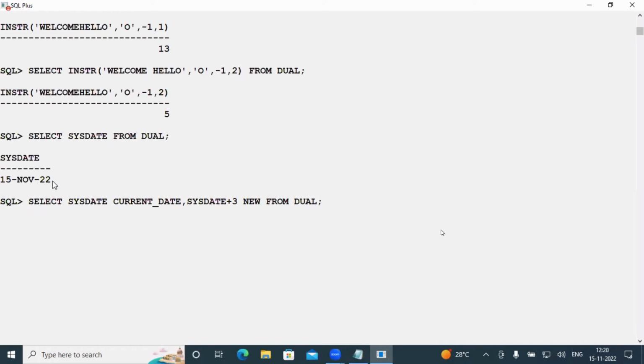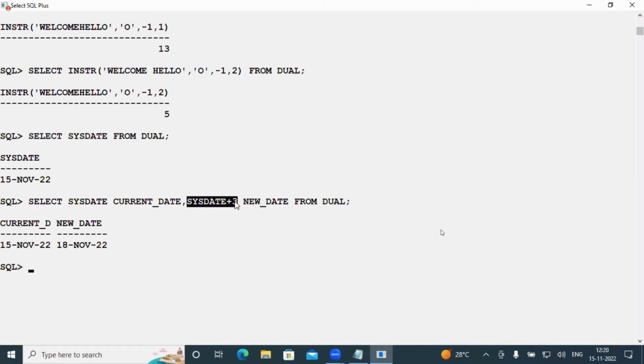This is called new_date. Now if I execute, my current date is 15th November 22. To this current date, I'm adding 3 days. Then it shows new date, 18th November 22. Got my point now?